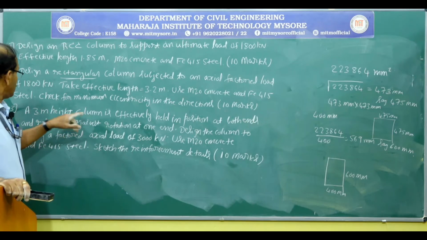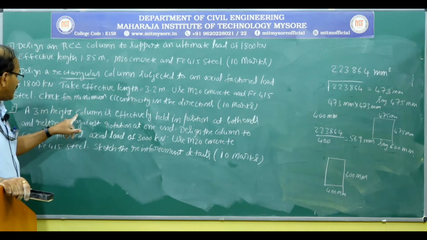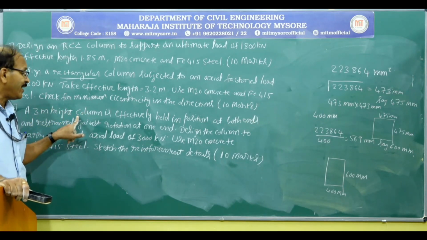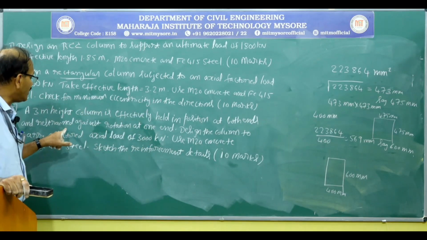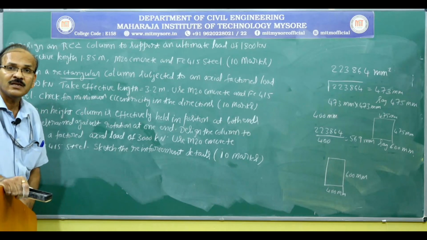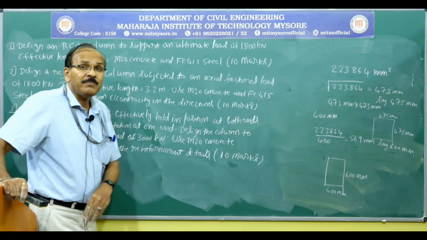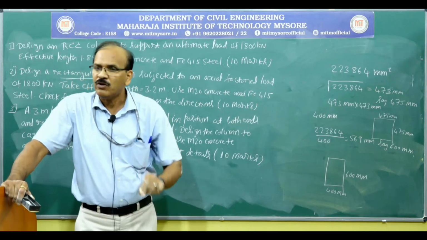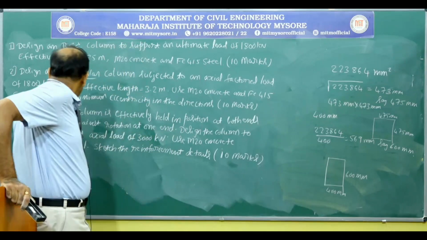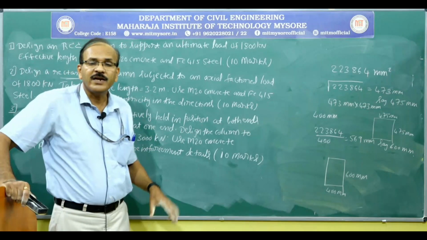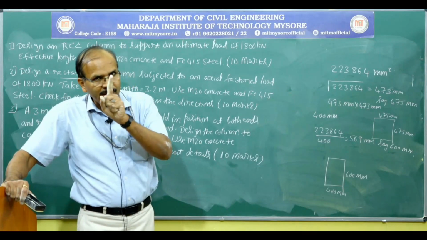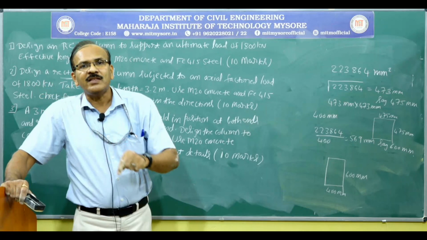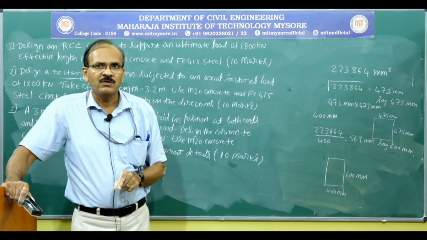So the problem goes like this. A 3 meter height, that is the unsupported length of the column, is effectively held in position at both ends and restrained against rotation. So if you go to table number 28 on page 94 of the code book, for this end condition, that is one end is fixed and the other end is hinged, you are going to get the value of K, that is the recommended value.